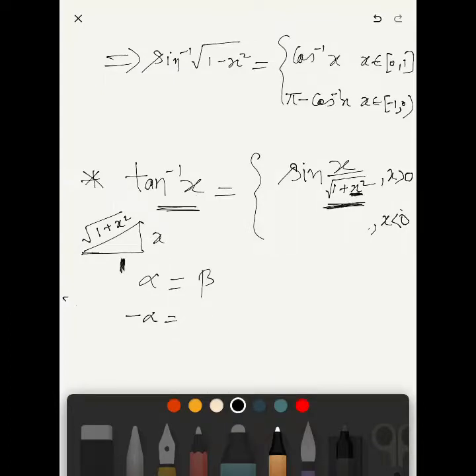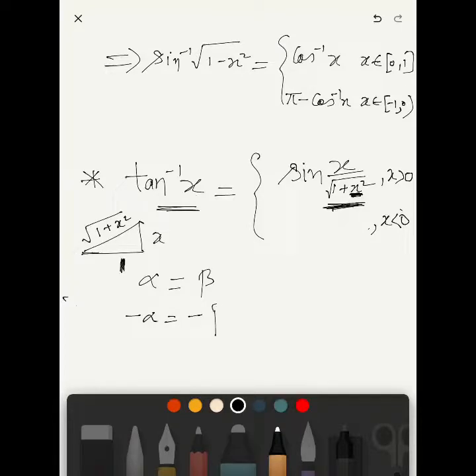Under root it will be 1 plus x square, because when you put minus x in place of x, nothing will change because of this square. But in the numerator you have got an x, it will make the whole input negative, isn't it? So when you give negative input to sine, what is your answer?